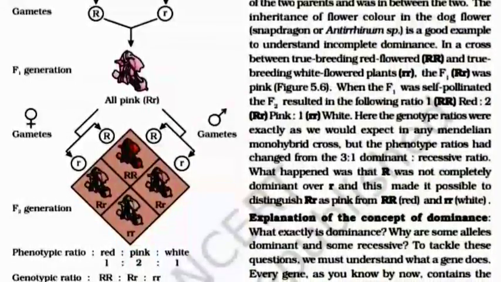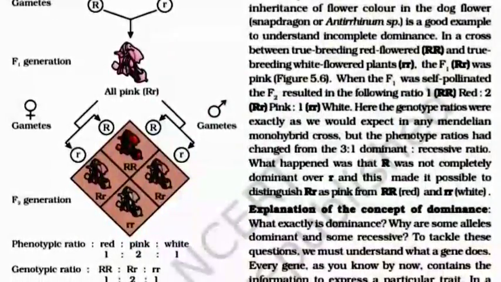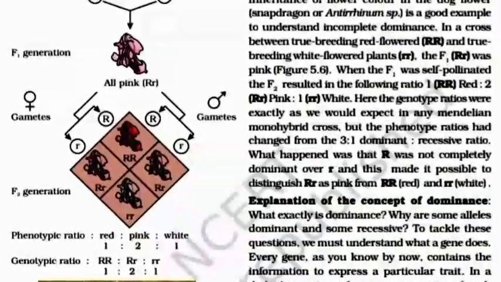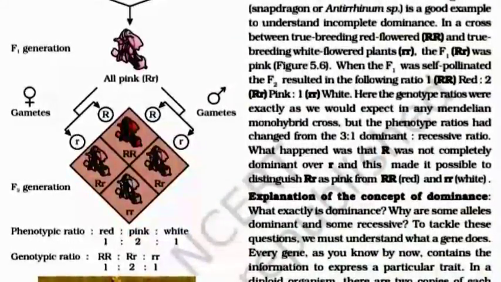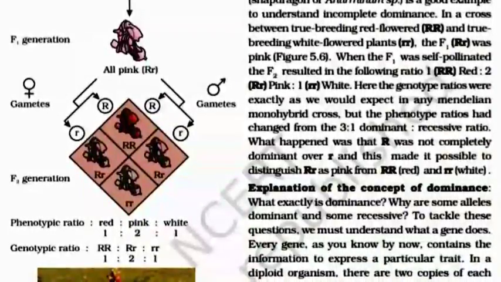In a cross between two true-breeding red flower plants, capital R capital R, and true-breeding white flower plants, small r small r, the F1, capital R small r, was pink.